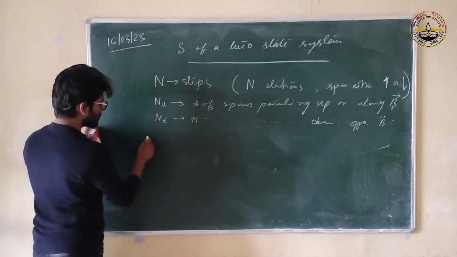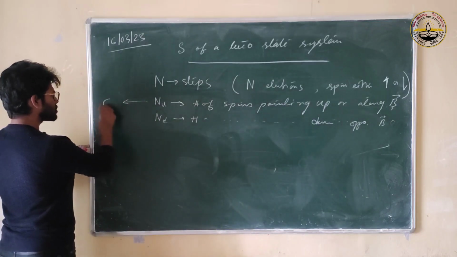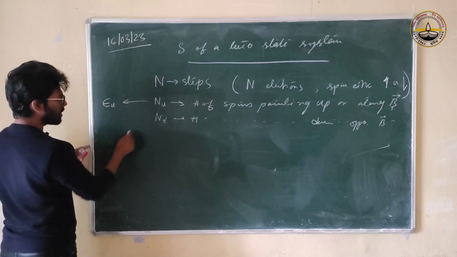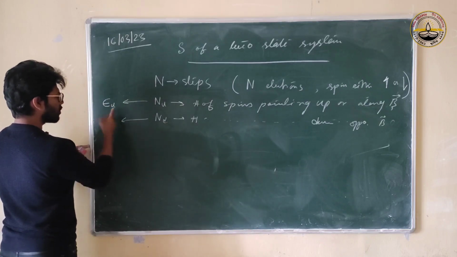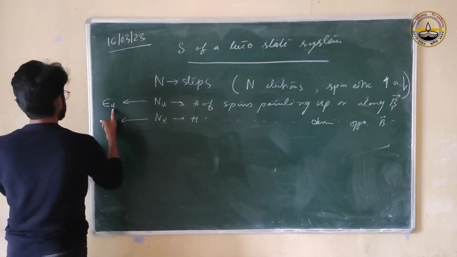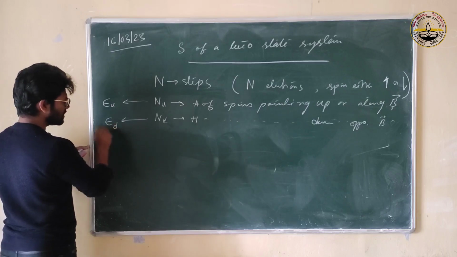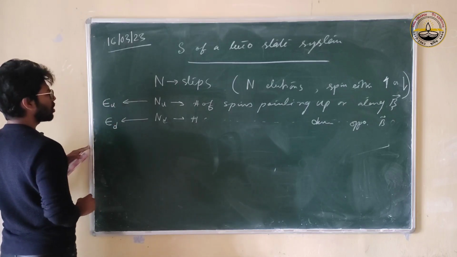So that means if we say that when the spin points up, the energy corresponding is E up, and when it points down, it's E down, okay?